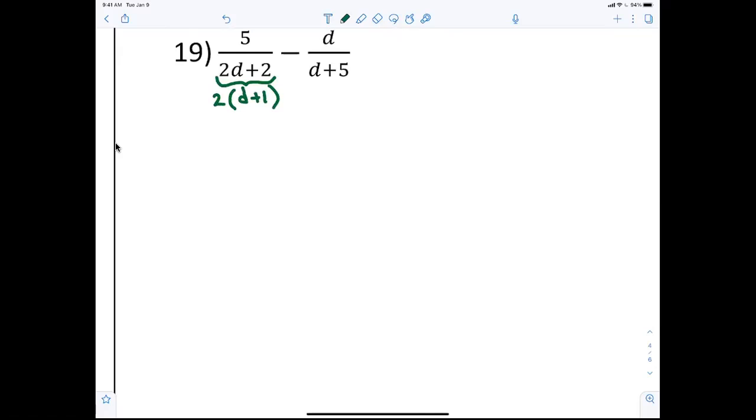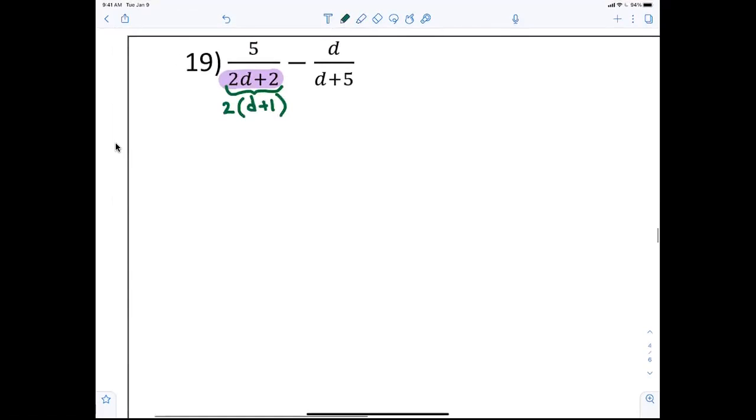We need to factor if we can, because we need to look at all the possible factors. So it'd be 2 times d plus 1 times d plus 5. There is nothing common. Do you agree? So because there's nothing common, everybody okay with that?